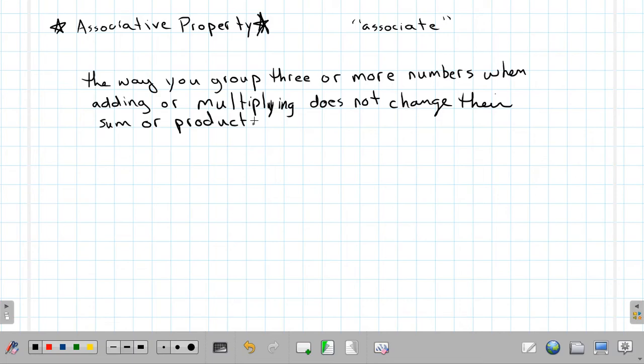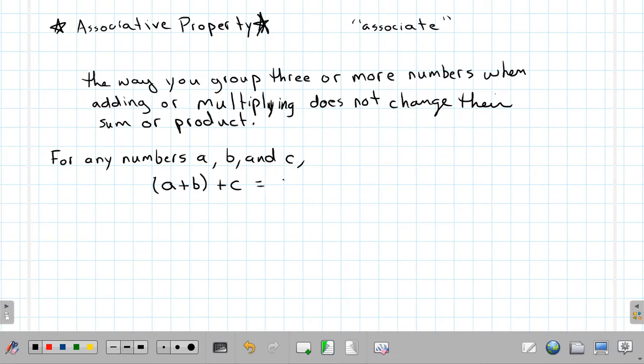Okay, so once again, in words here it might be a little confusing, but all we're saying by this is for any numbers A, B, and C, A plus B in parentheses, then if you add C, well, that's the same thing as taking A and adding it to the sum of B plus C. And it also works with multiplication.